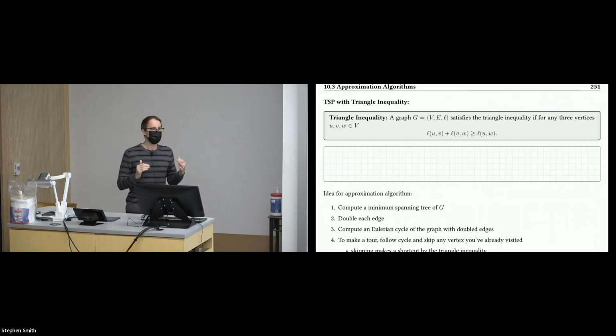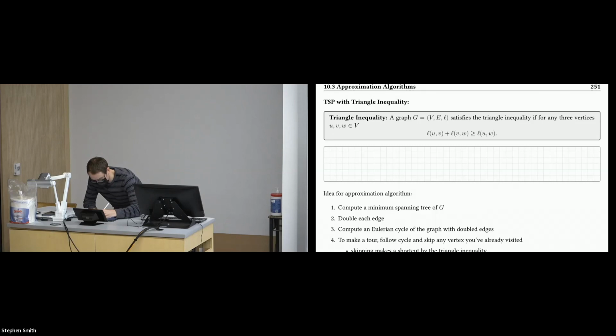If the edge lengths satisfy the triangle inequality, that just says that if I pick any three vertices, U, V, and W, then going from U directly to W, that edge length has to be no longer than the edge going from U to V and then V to W.